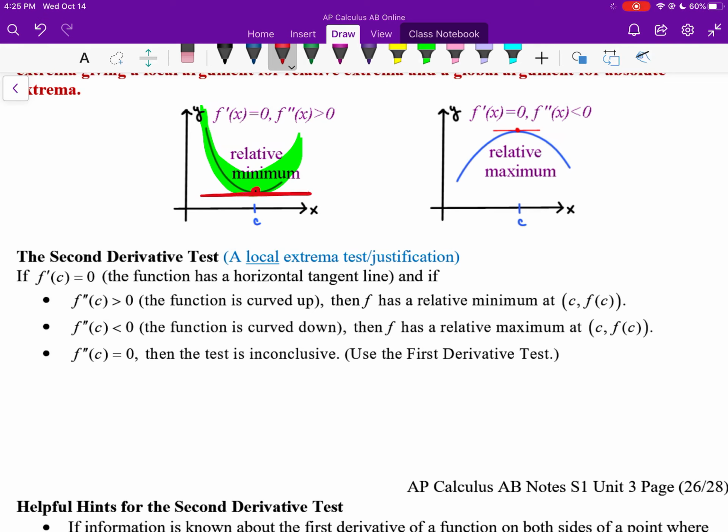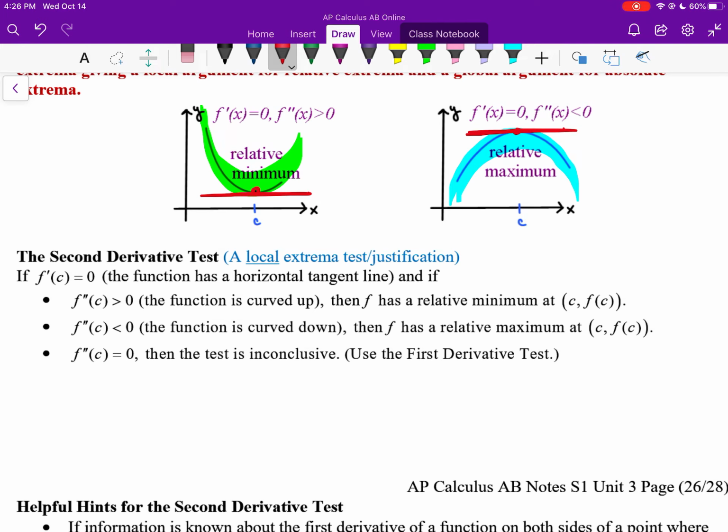And if your function is curved up and you have a horizontal tangent line, if both of those things are true, you will end up with a relative minimum. Similarly, if your function is curved down, your second derivative is negative, and there is a point with a horizontal tangent line, at that particular point there will be a relative maximum value.